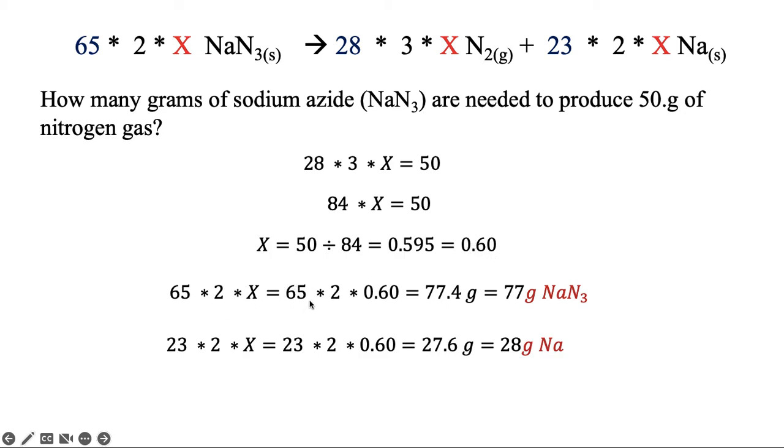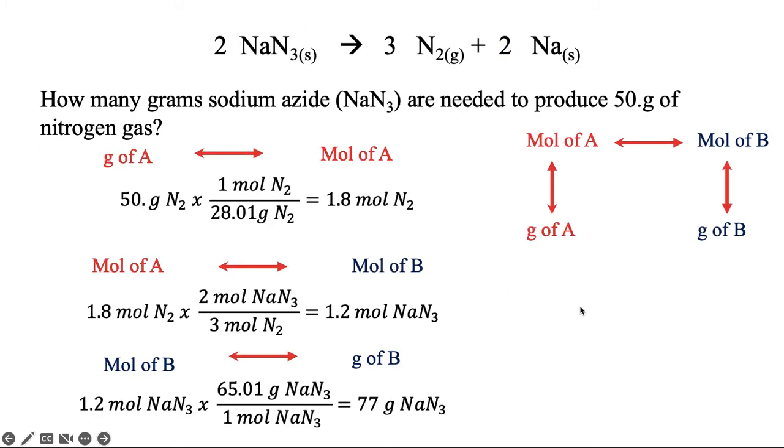So it becomes 65 times 2 times 0.6. If you do that product, you come up with 77.4, or approximately 77 grams of sodium azide, which is exactly what we came up with using the traditional method.